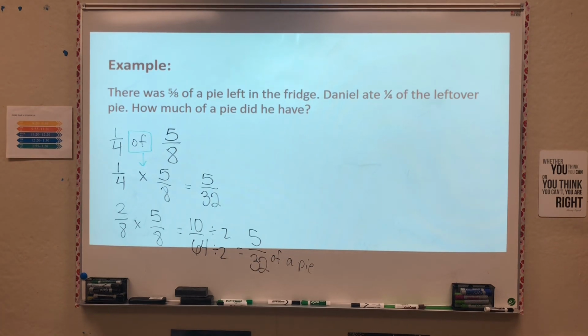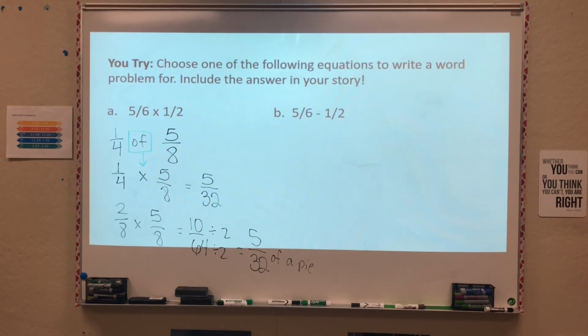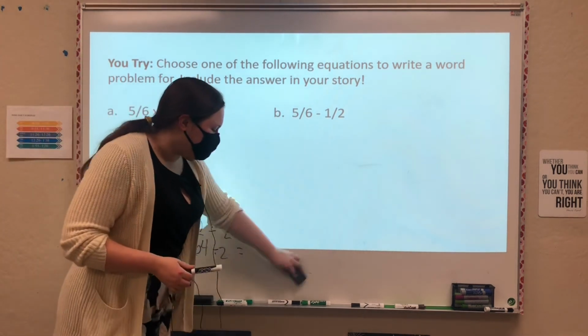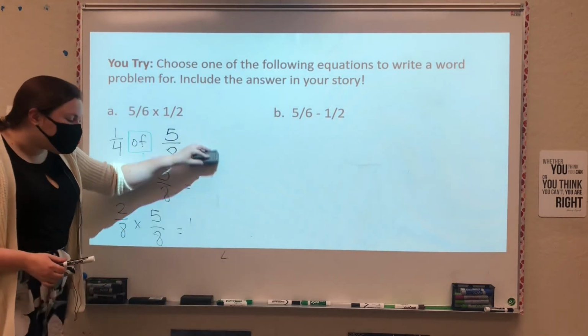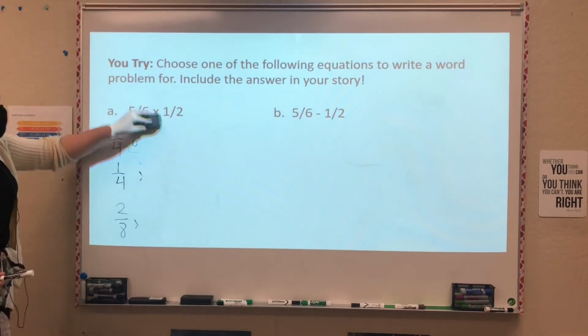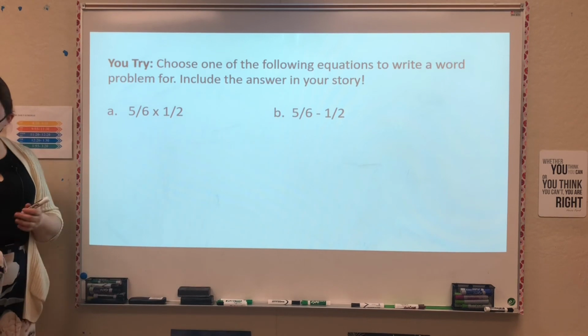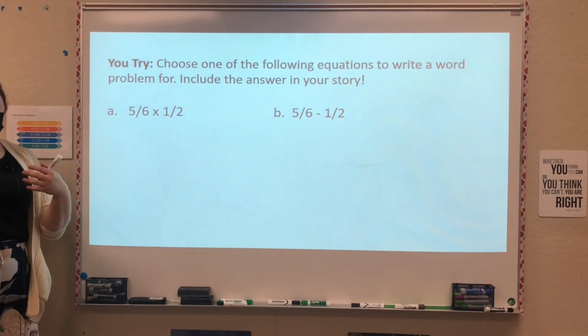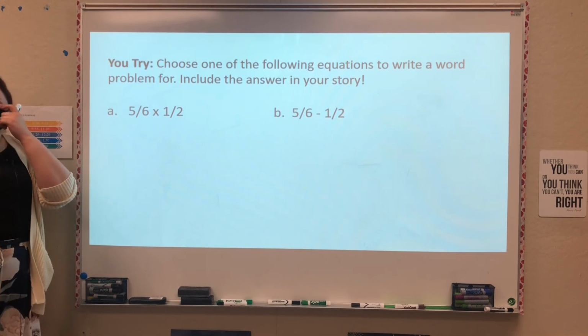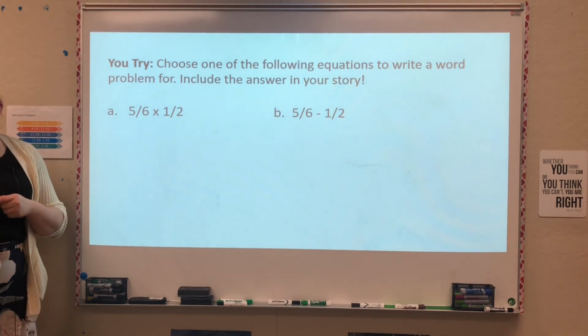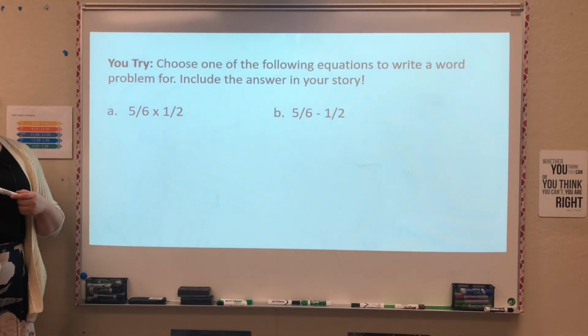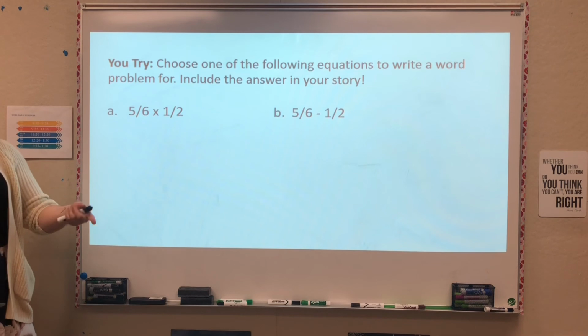This is a choose your own adventure. There are 2 options here. You are going to choose one and give me a short little story to go with it. Before you start, we had something similar to this with integers last quarter where I gave you some negative numbers and asked you to tell a story. And the mistake students were making with that one was they were picking stories of something that can't be negative.